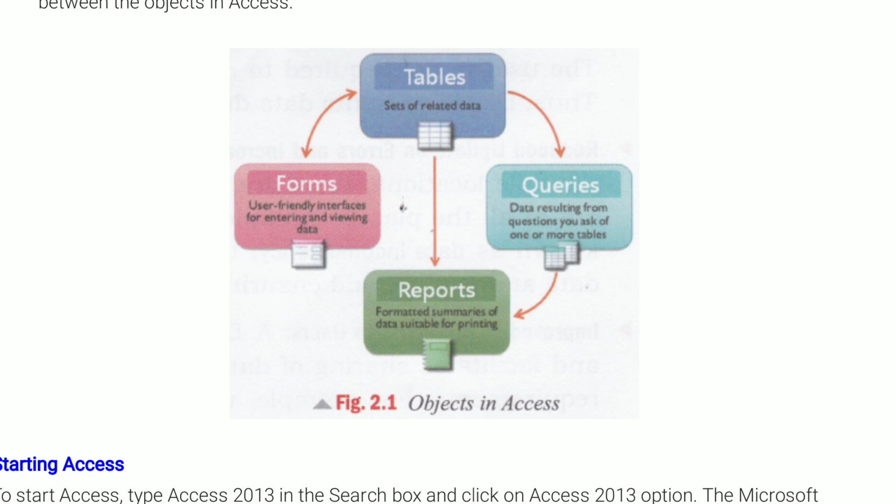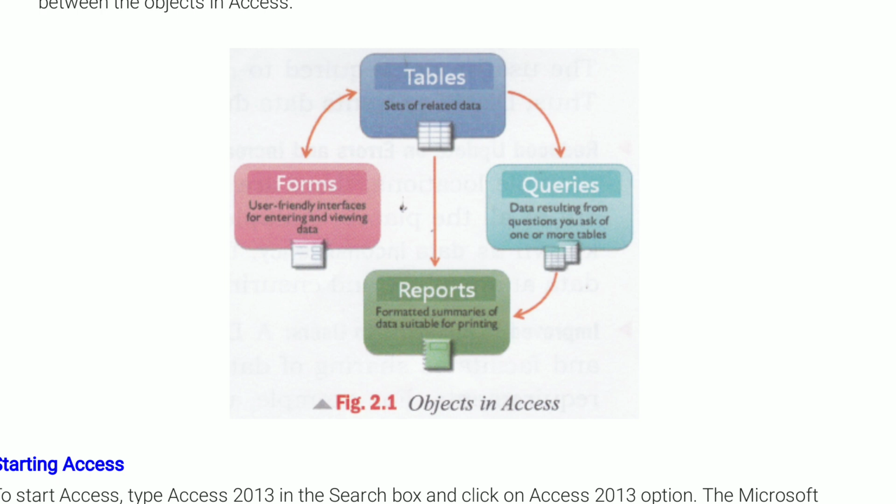If we have to create any report, then there must be a table in which data is stored. Using this data, a report can be created. And for making queries also, there must be a table created already from which data can be accessed.